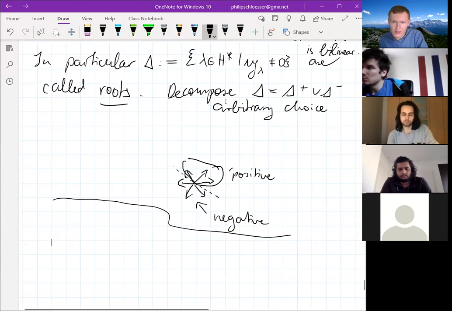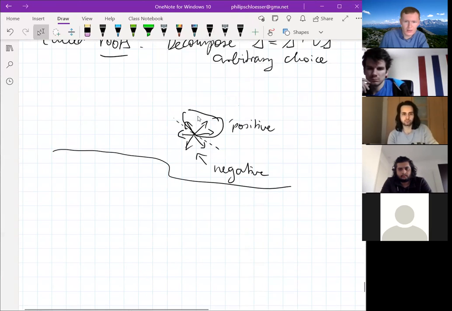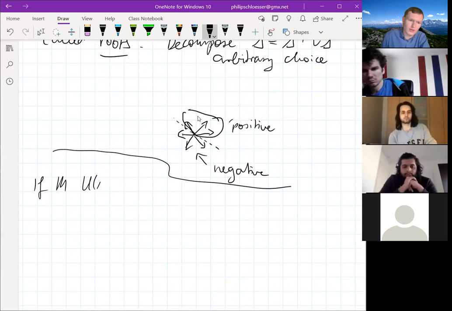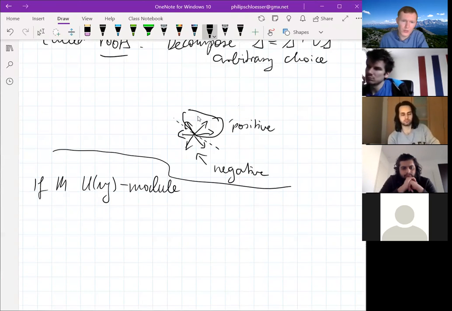And more to the point, if we now have a UG module, then we can also decompose this module, but now they are called weight spaces.